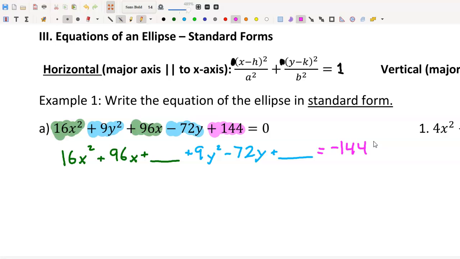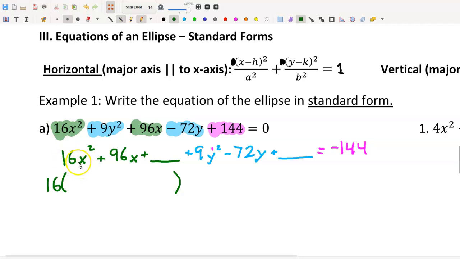Okay? So in order to complete the square, we got to factor out whatever number is attached to the squared term, the quadratic term. So on the x's, I got to factor out a 16, and on the y, I got to factor out a 9. Completing the square works better when we don't have a coefficient here, so we just factor it out, get it out of the way.